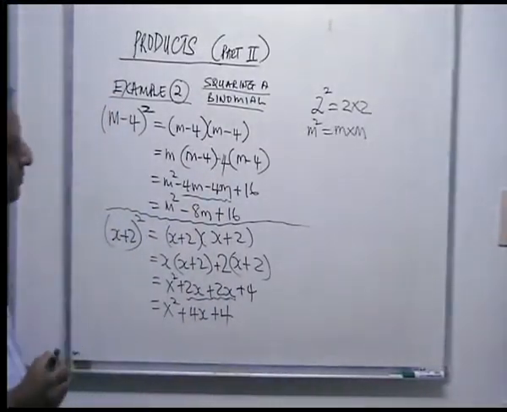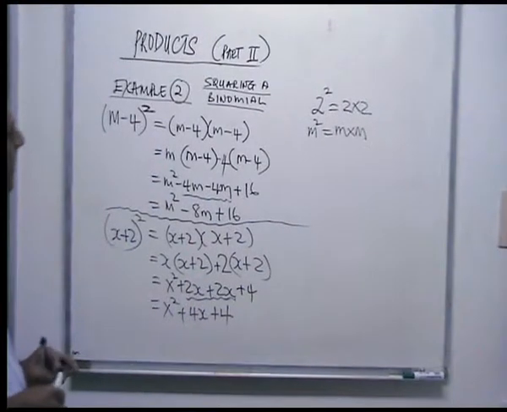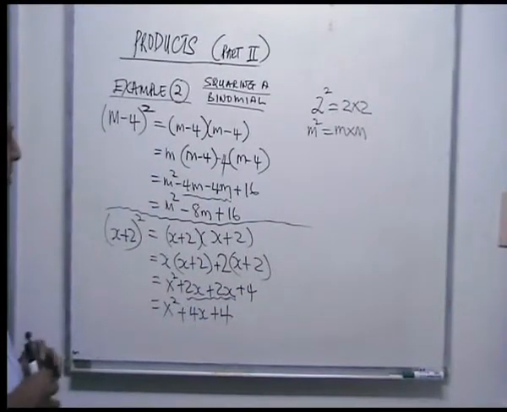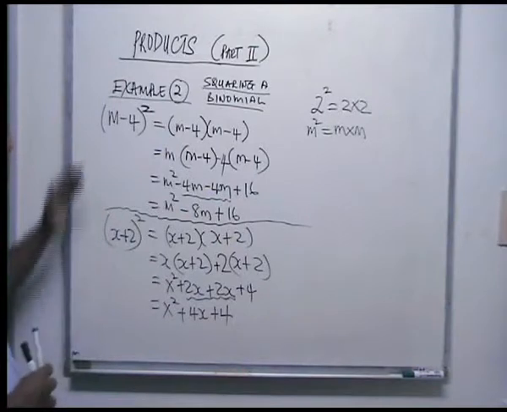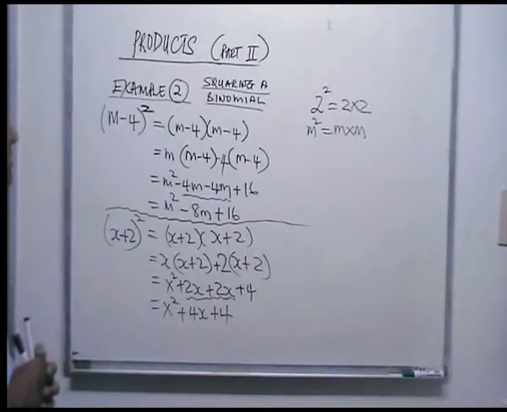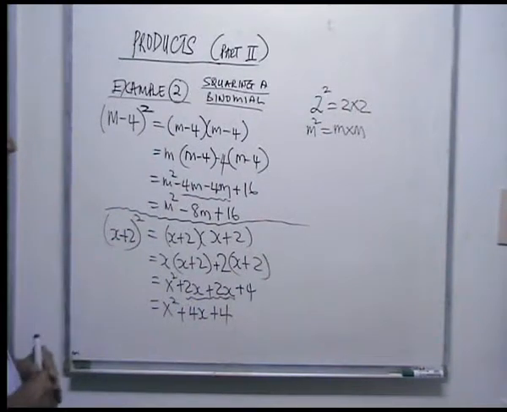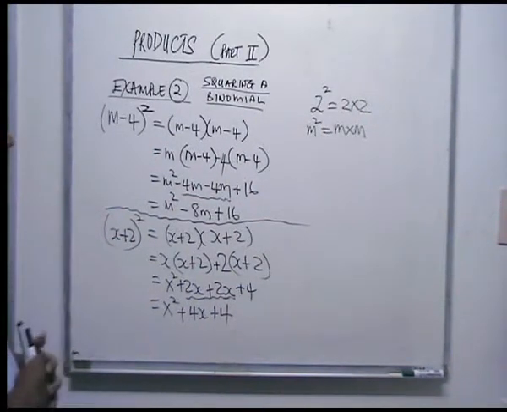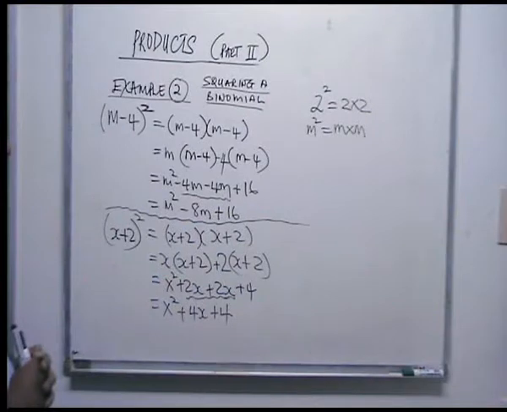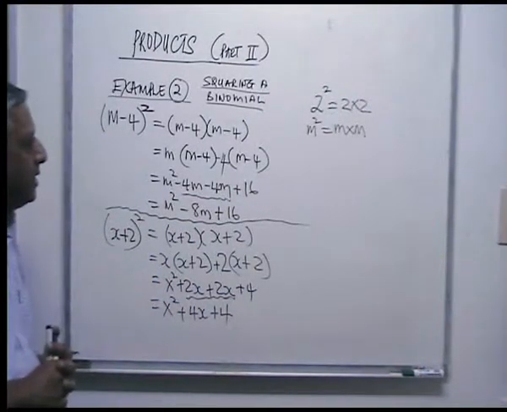There is a shortcut for it. We'll show you the shortcut shortly. But first, let's learn to do it step by step. Alright, let me give you a little exercise on squaring of binomials, and then you can continue with that exercise.